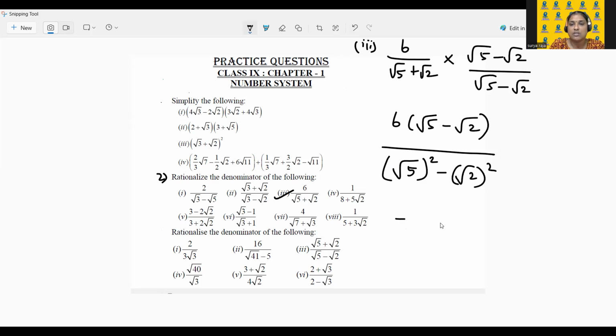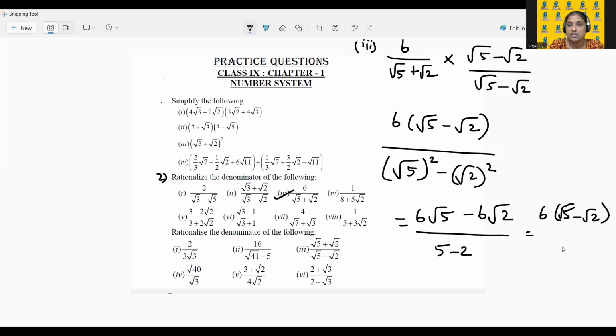Now, when I'm expanding this, over 5 minus 2, which is 3, right? And as you can see, let it be that 6 there, so that we can write 2 root 5 minus 2 root 2 as the final answer.